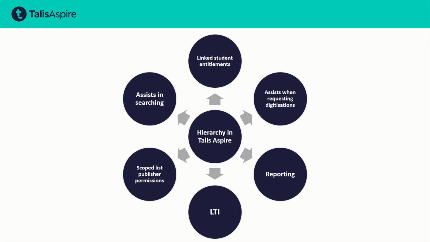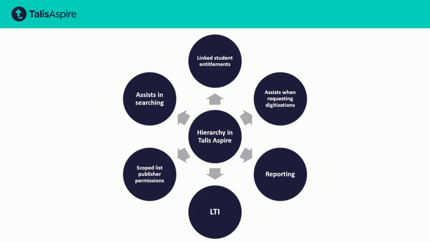Having a list linked to a hierarchy node will auto-populate the course details in the digitization request form, reducing the chances of human error. It can help you with reporting so that you can see which schools or departments or faculties are using Talis Aspire well, who've got loads of lists associated, and also where it might be useful to target more engagement to increase uptake.